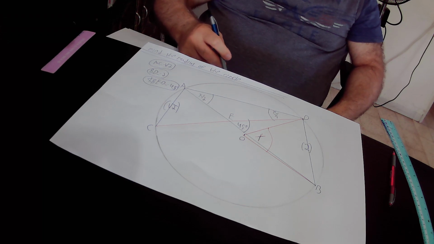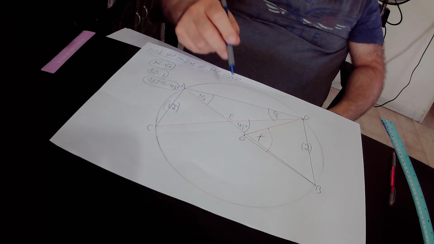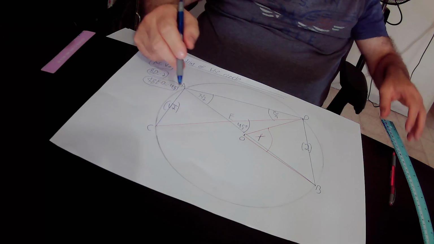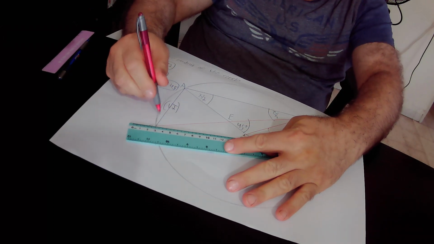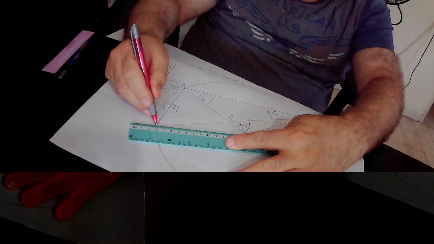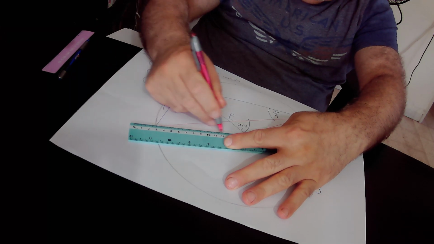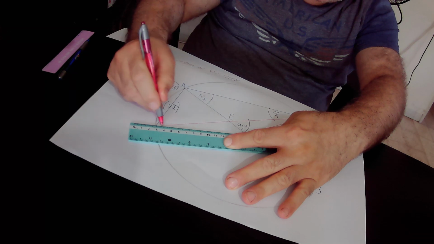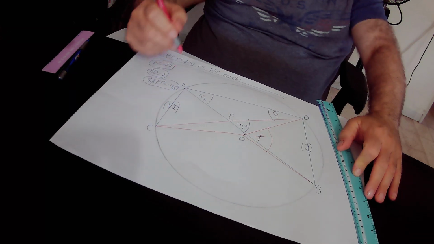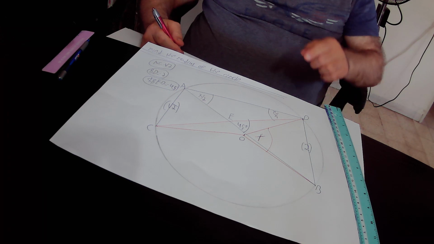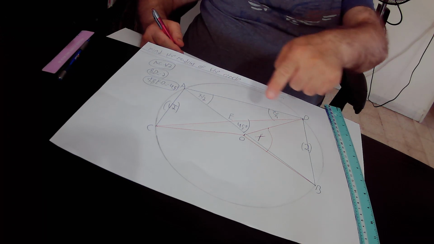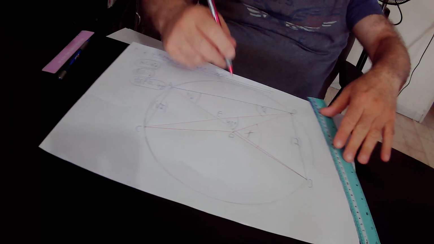In the next step, we join points O and C together by a straight line. Likewise, we join points O and A together by a straight line.